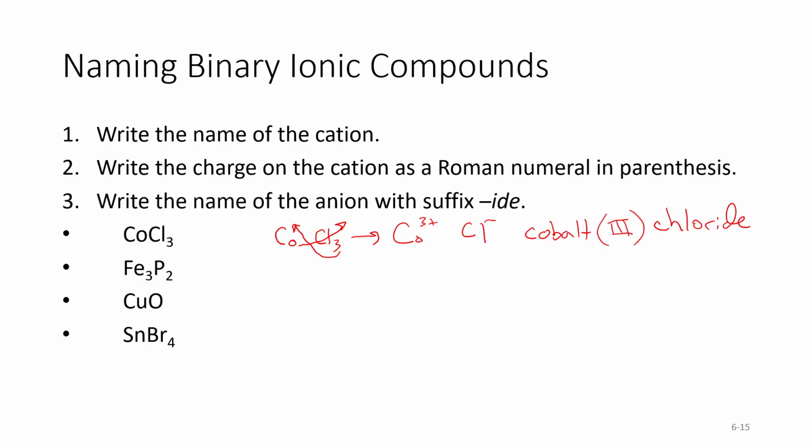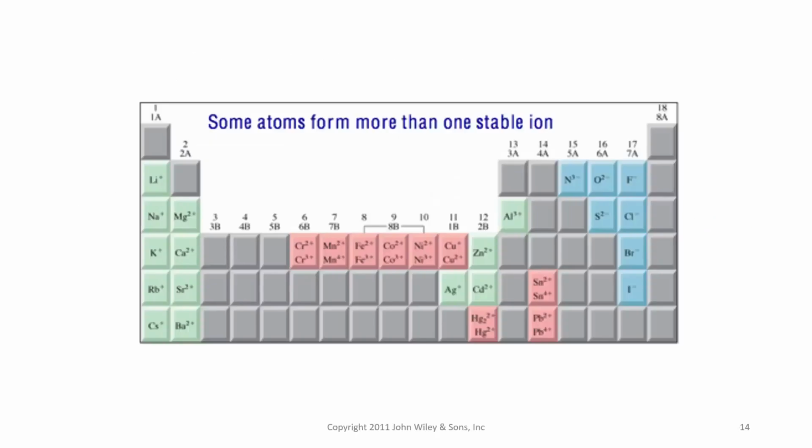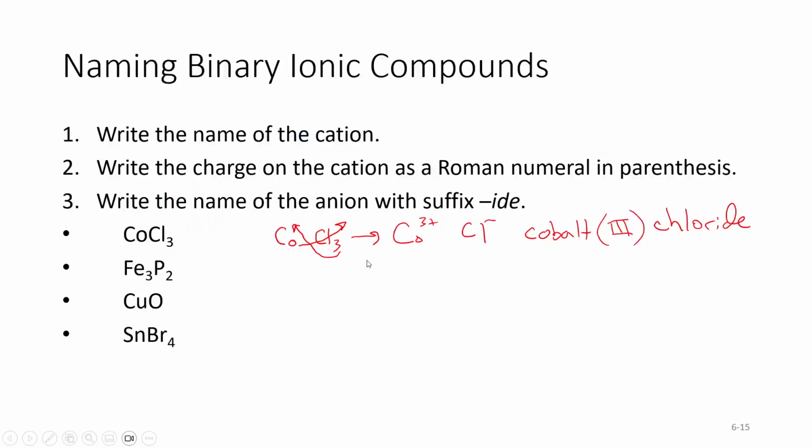Let's look at the second one. Iron has 2 forms. We need to know whether we're dealing with the 2+ form or the 3+ form. So what we're going to do here is flip up our charges. The 2 goes to the iron, the 3 goes to the phosphorus. So this becomes Fe2+ and P3-.